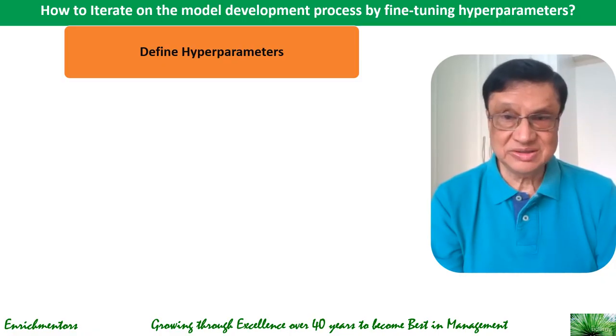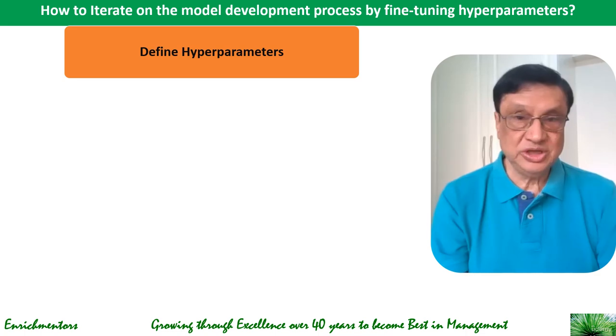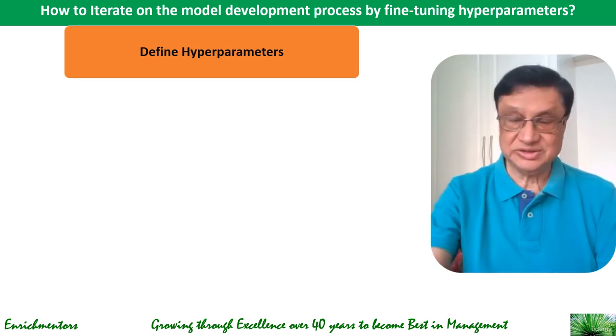And you have a large number to choose from, common hyperparameters including learning rate optimization that we talked about, batch size, regularization strengths, number of layers in the neural network, number of units per layer, and dropout rates, etc. So you need to define these hyperparameters in the first step.